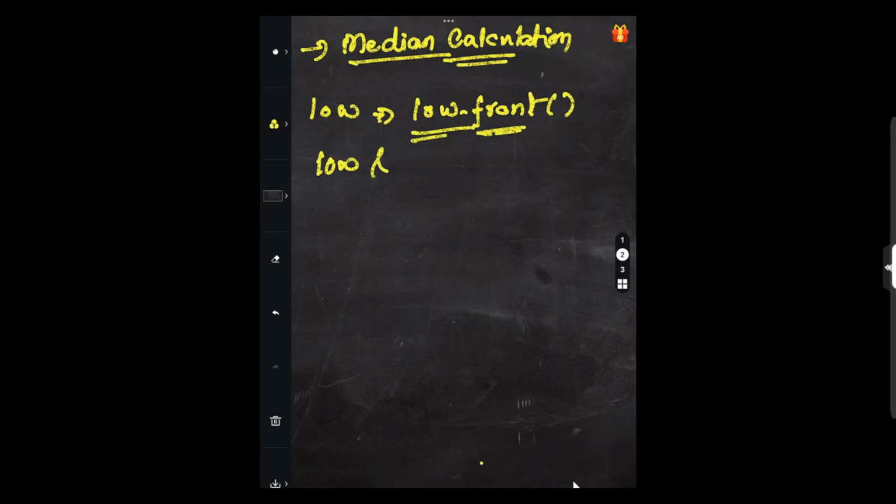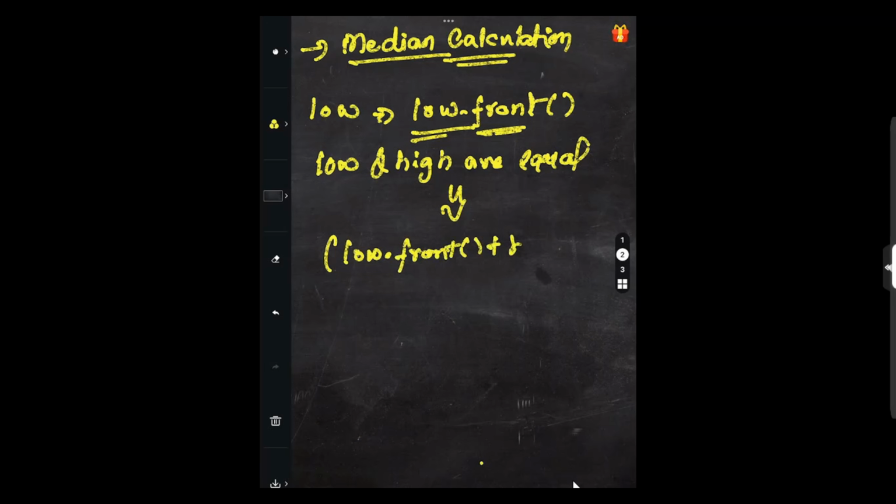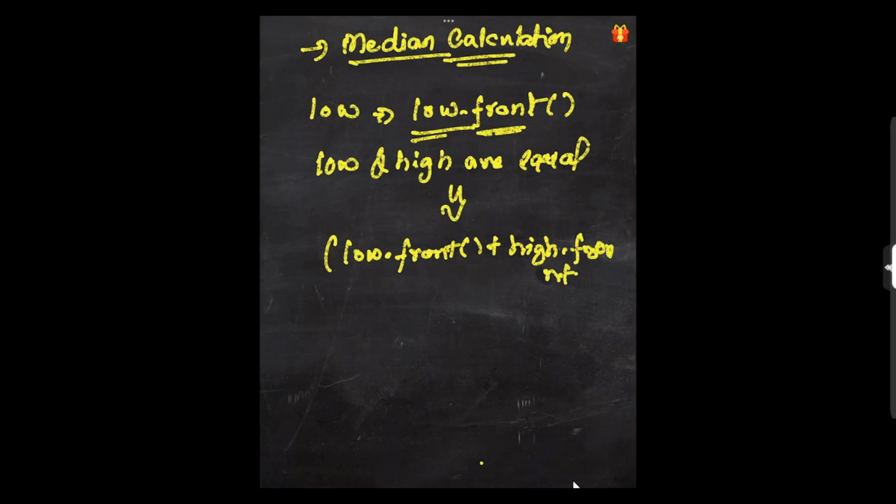If low and high are equal, then what will we do? In that case, we'll be considering low dot front plus high dot front, divided by 2.